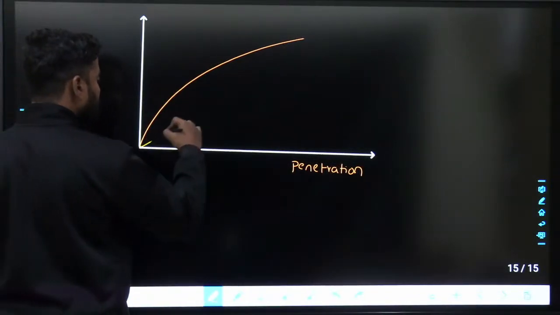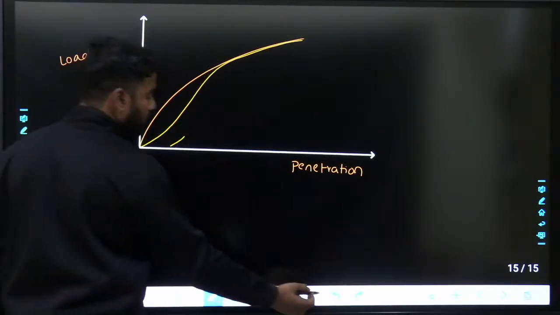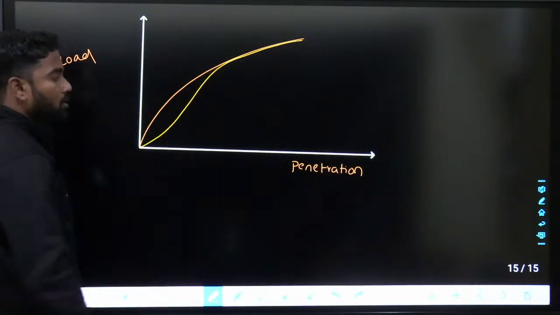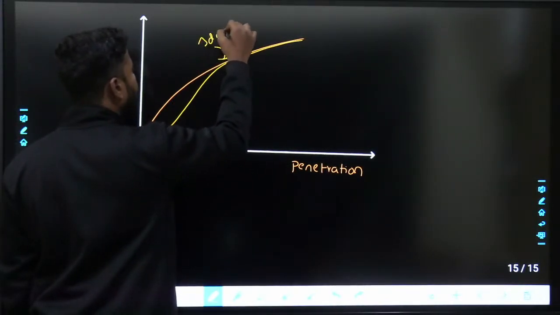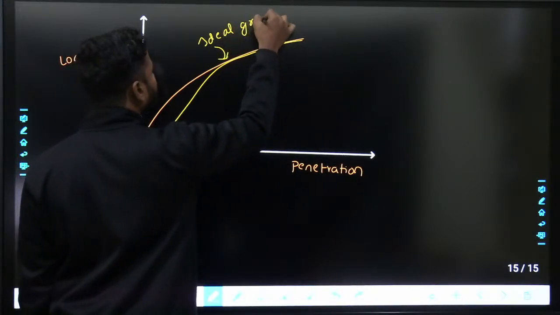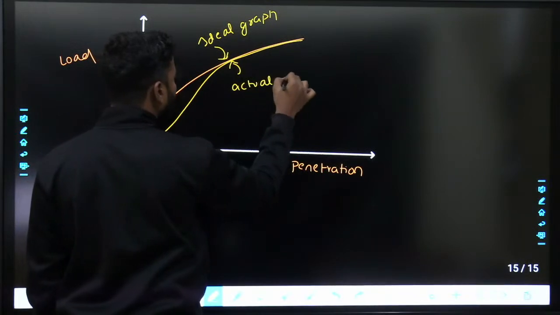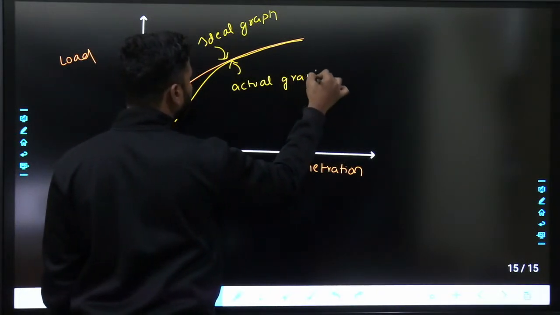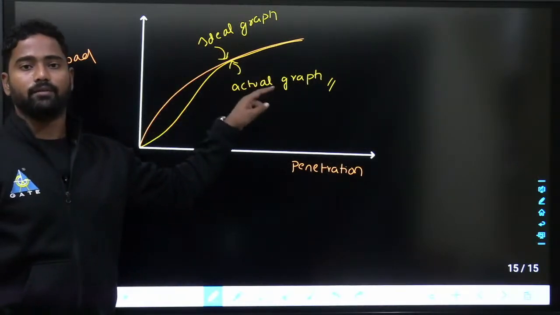This is how the graph would be. Initially there will be some concavity and after that there will be convexity. This is the ideal graph, and this is the actual graph.